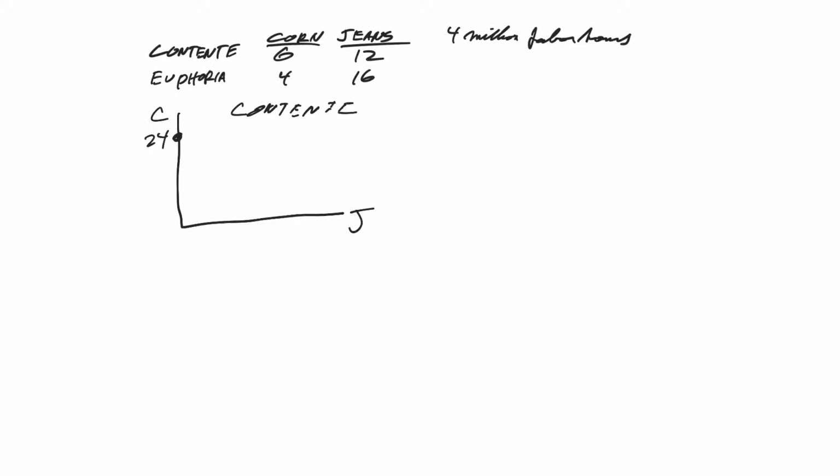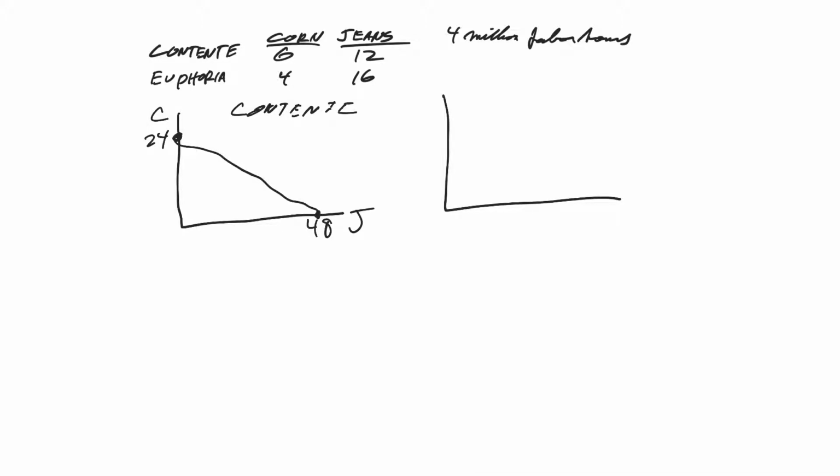Contente can produce 12 jeans in 1 hour, and they have 4 million labor hours. So 12 times 4, that is 48 million jeans. So there's Contente's production possibilities curve.